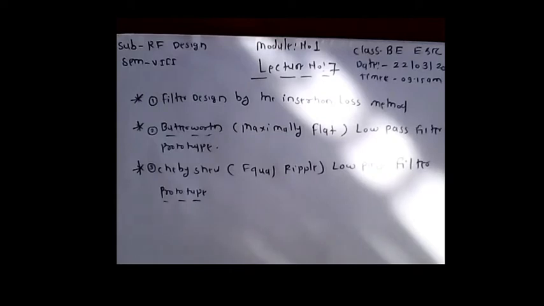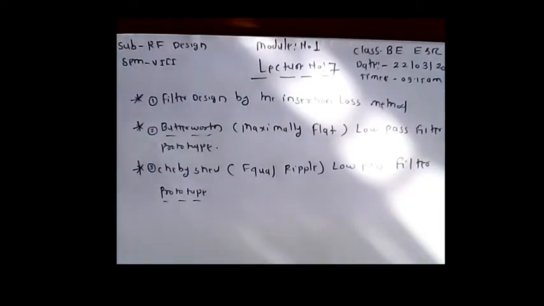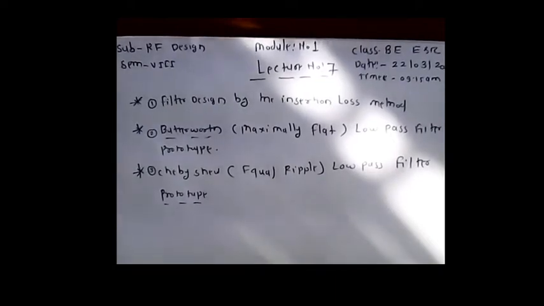We defined the basic concept of power loss ratio, which was derived in the last lecture: the power available from the source divided by the power delivered to the load, PINC divided by P load, in terms of the reflection coefficient gamma.